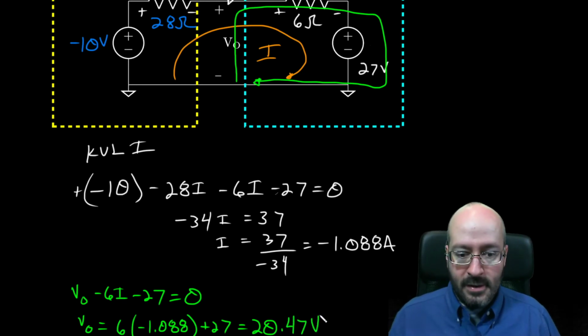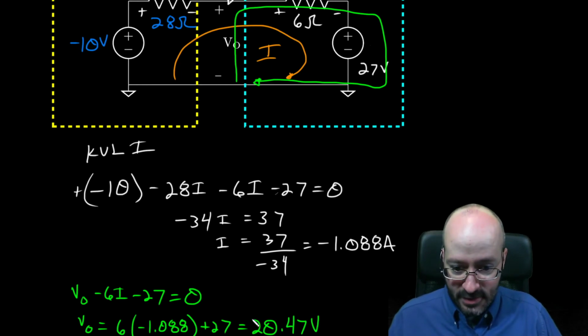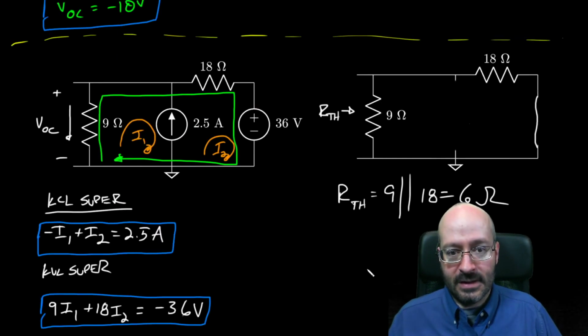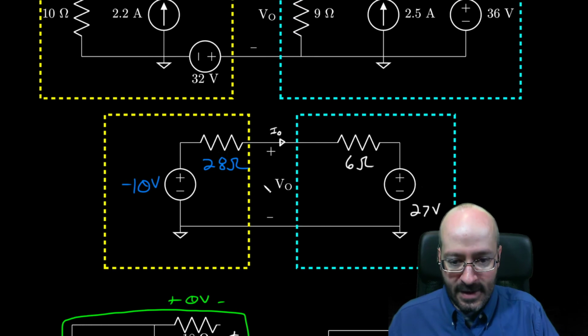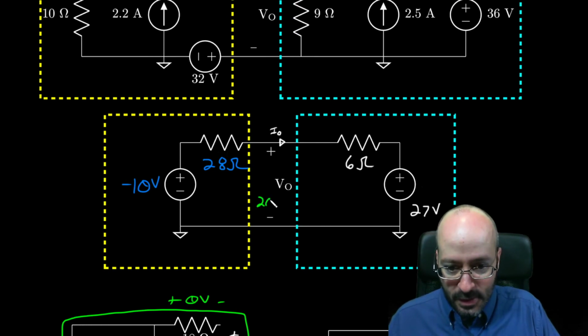Okay, so I've got a current and I've got a voltage. So let's mark that up here. So V out is 20.47 and I out is 1.088 amps.